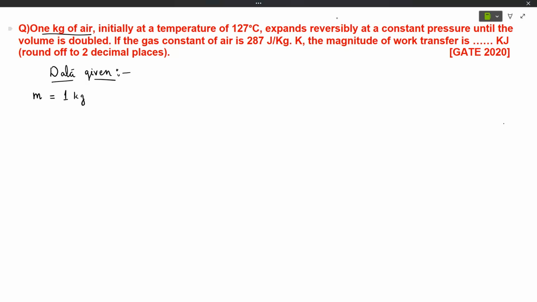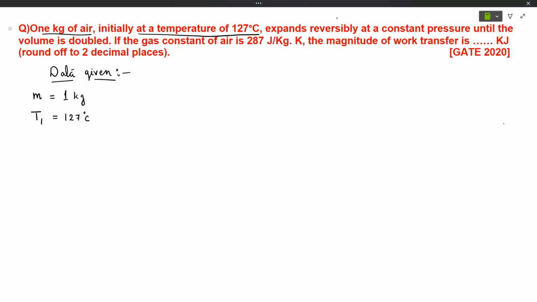It is mentioned that initially the air is at a temperature of 127 degrees Celsius. So here we consider the initial state as 1. So the initial state of air having temperature is considered to be T1, that is equal to 127 degrees Celsius.